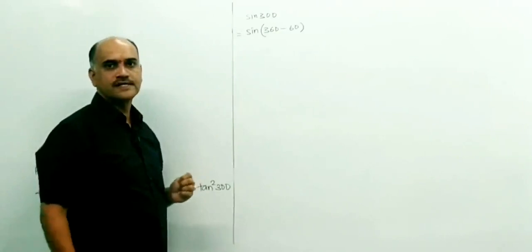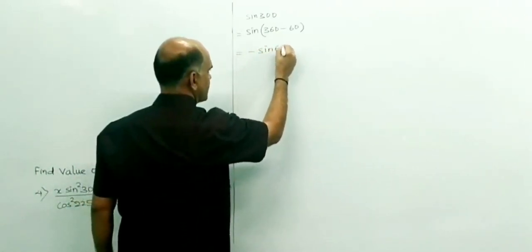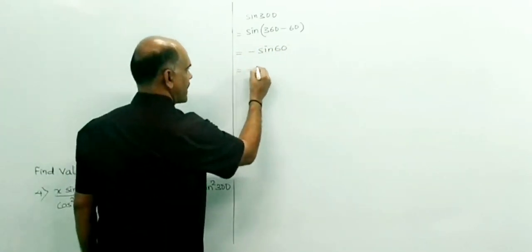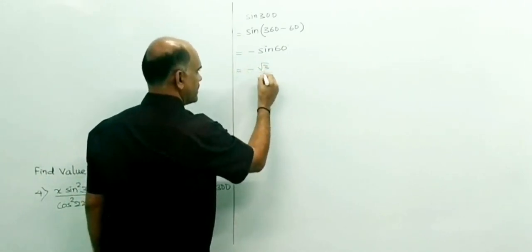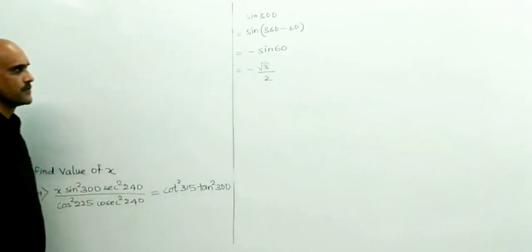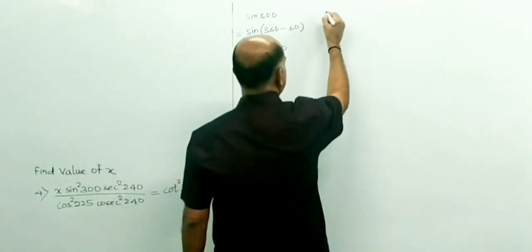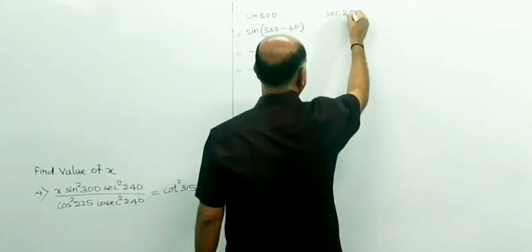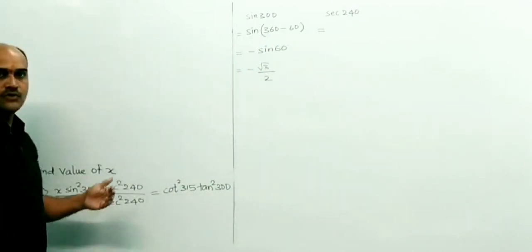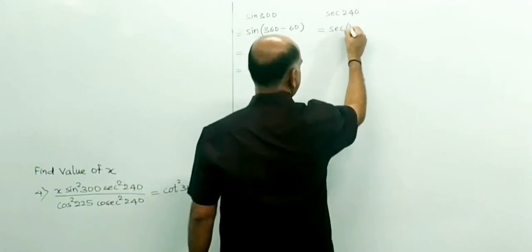In the fourth quadrant, sine is negative. So I will have minus sine 60. That is equal to minus root 3 by 2. Second, if I take secant 240. 240 is near to 180. So I will write it as 180 plus 60.